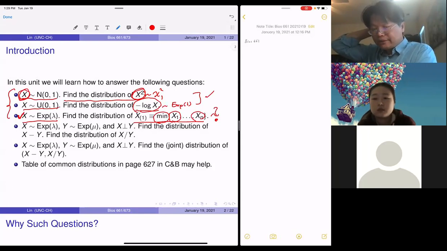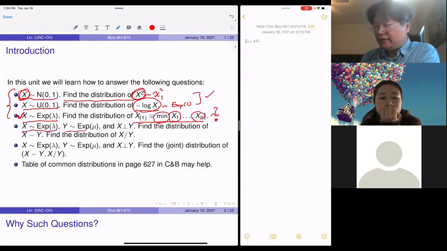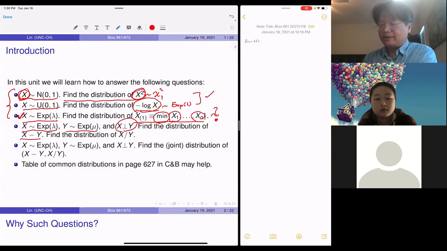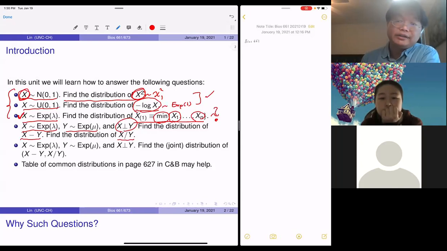The first one is if X follows exponential(lambda), Y follows exponential(mu), and I assume X and Y are independent, then how do I know what X minus Y follows? Or further, it's not only the difference between X and Y, but also X divided by Y, as a ratio between X and Y.